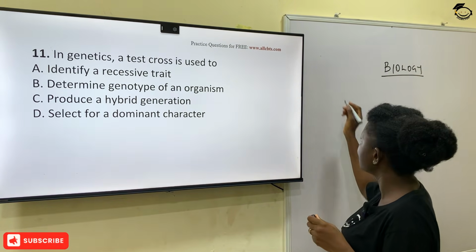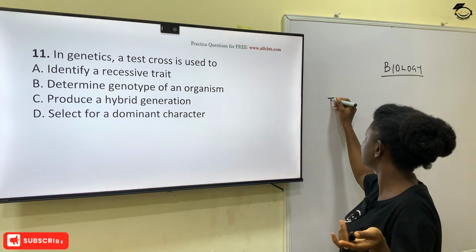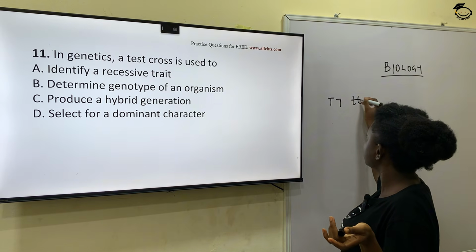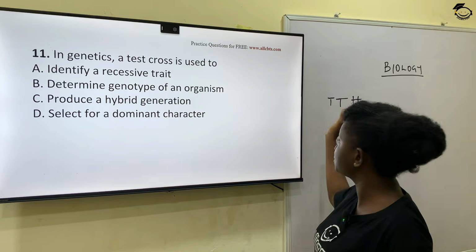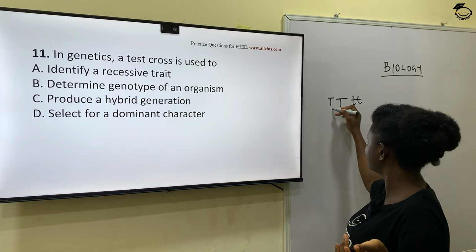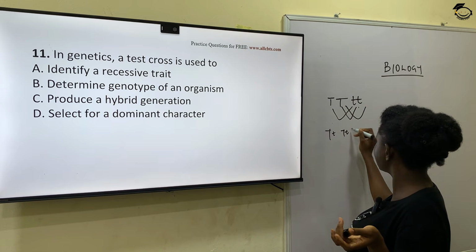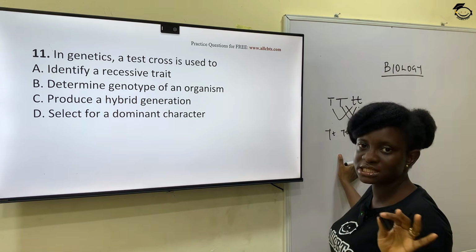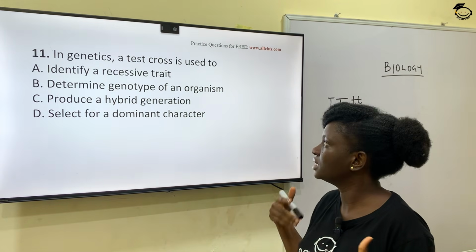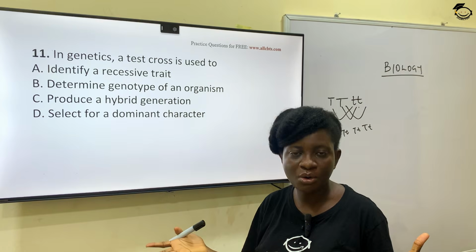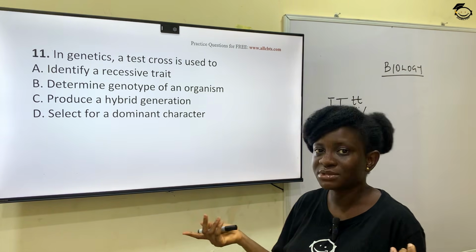For example, a gene for short and tall, you have TT and Tt. The main use of this test cross is to determine the genotype, the genetic makeup of an organism. That is what test cross is mainly used for.